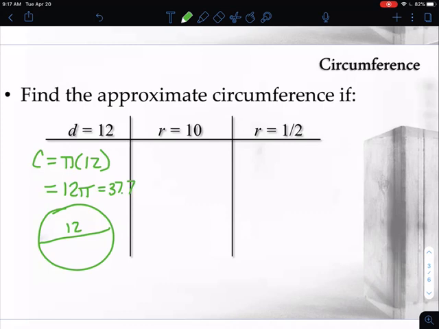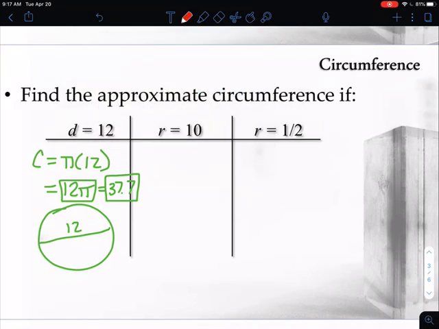And so in some cases, they're going to ask you for an exact answer, which is the 12 pi, or they're going to ask you for a decimal answer, which is most often going to be the case. And so we just plug in our calculator and get the decimal answer.